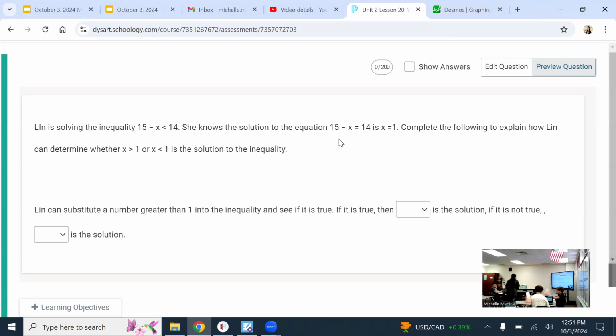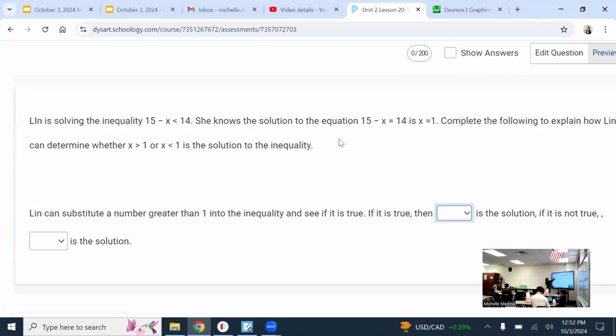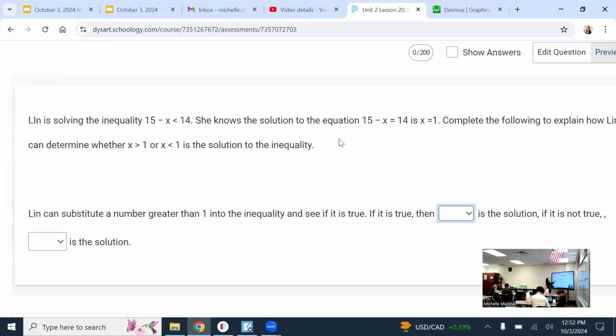So if she did that, she's plugging in a number greater than 1. Which one is greater than 1, the one on the left or the right? The one on the left.